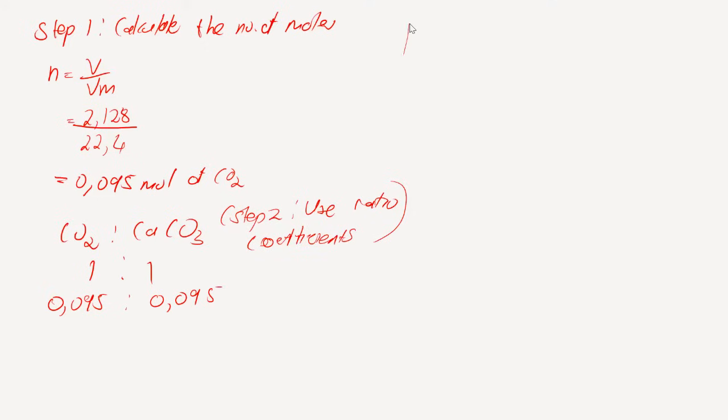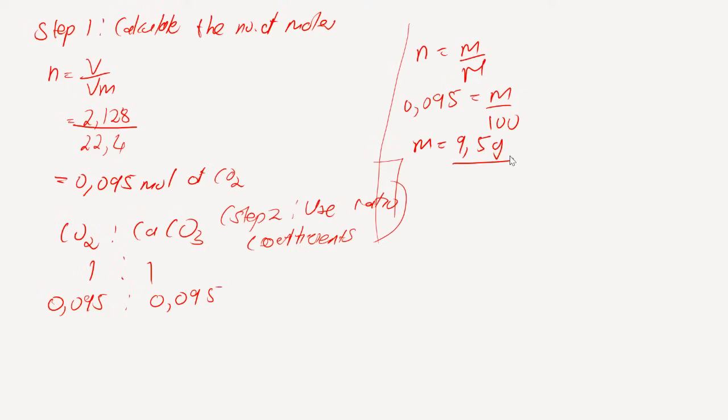The mass of calcium carbonate. To calculate that, n equals m over M. So we have 0.095 equals m over the molar mass of calcium carbonate, which by now you should know is 100, because it always appears a lot. So times 100, then m is 9.5 gram, right? But remember, this is only representing 95% of the chalk.